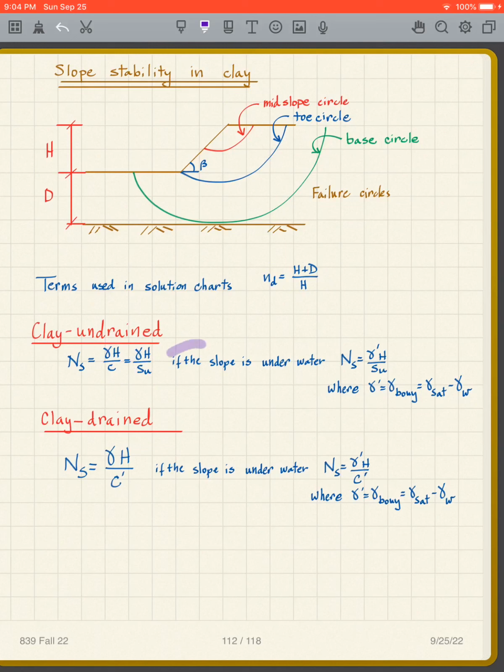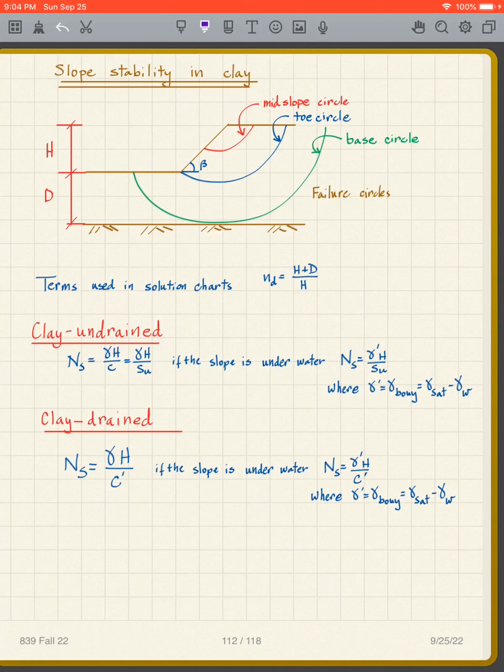And if the slope is underwater, in other words, if the water level is up here, the slope is considered to be underwater. If we have that, then instead of gamma, we're going to use gamma prime, which is gamma buoyant, which is gamma saturated minus gamma W. If we have clay drained, so again, remember, clay undrained, clay drained, and this is only for clay, so this only works for clay here.